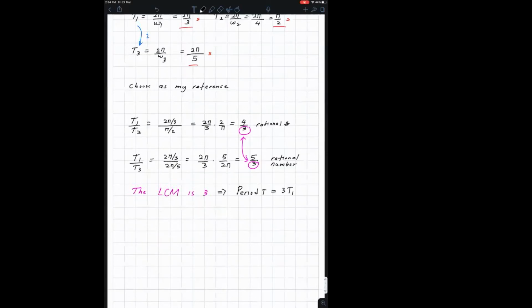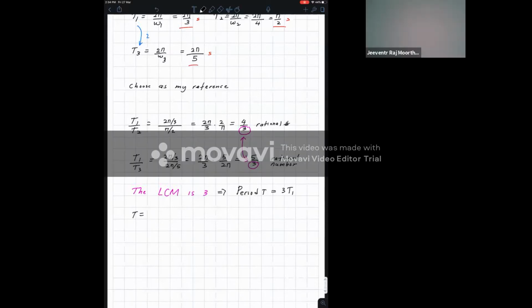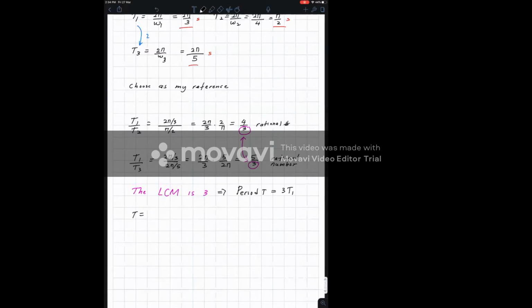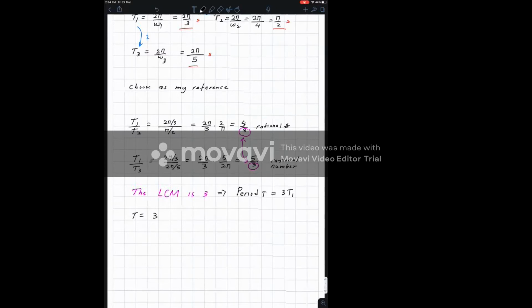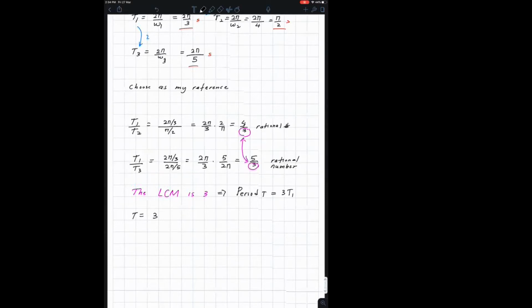What is T1? T1 is 2 pi over 3, so 3T1 is 2 pi seconds.